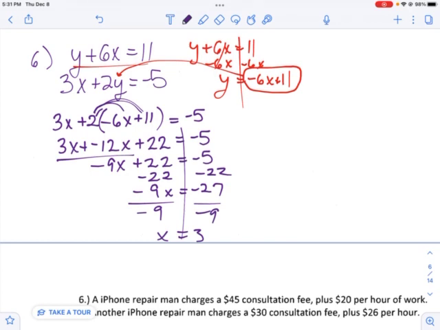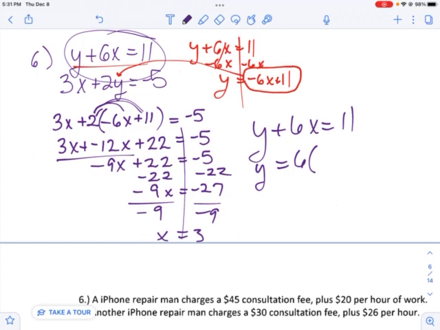So I have y plus 6x equals 11. y plus 18 equals 11. I'll subtract 18 and I get y equals negative 7. So my solution, where my lines should cross, should be 3, negative 7.